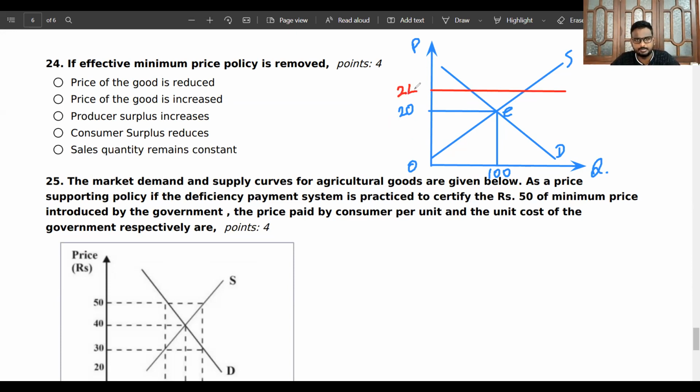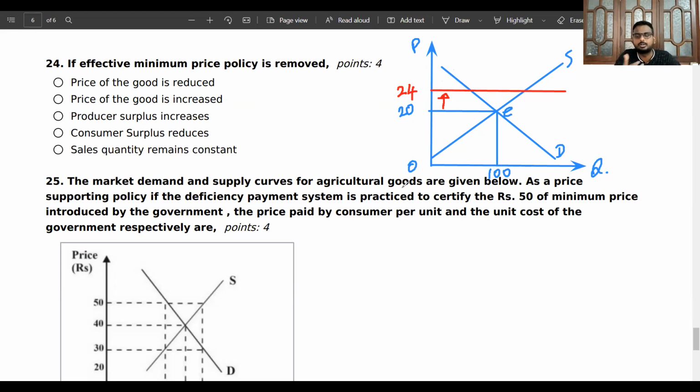Then only that minimum price will be called effective minimum price. So let's say the minimum price is set at 24. Now producers can't sell at 20 anymore, because the government is legally saying 24 has to be the minimum price. No one can sell below 24. So automatically the price goes from 20 to 24, and everyone will now stick to that 24 floor price.